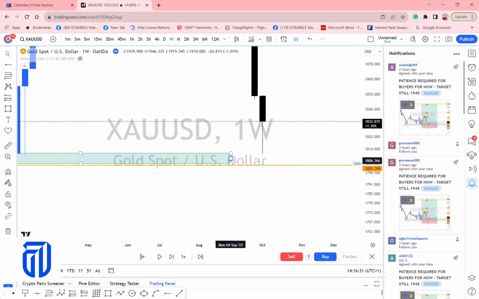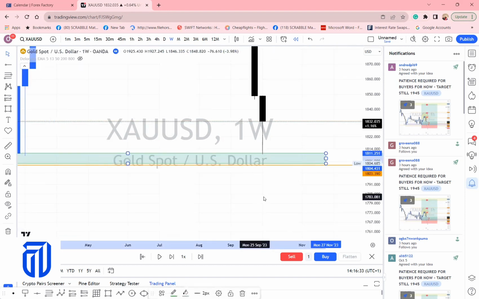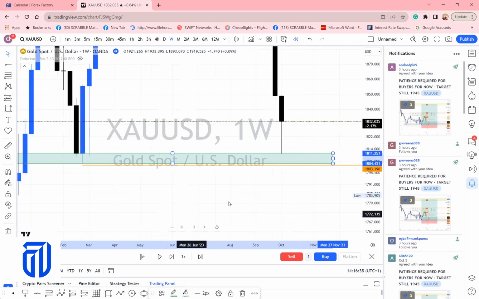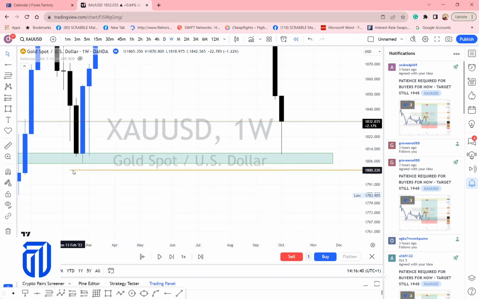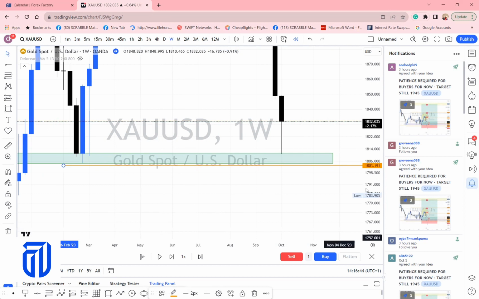So let me extend it to the current market, and as you can see, price already rejected the top of it, right? So I am believing that price will not go past the yellow zone, right? Mind you, I already know that from this spike at the top to this spike at the bottom is my bullish order block.